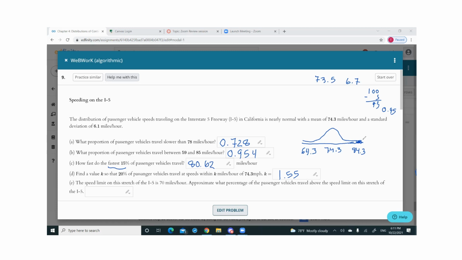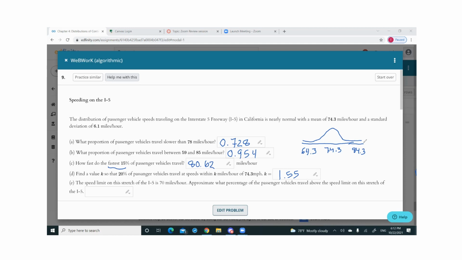Okay, so for E, this is that. This is the speed limit on this stretch of the I-5 is 70 miles per hour.